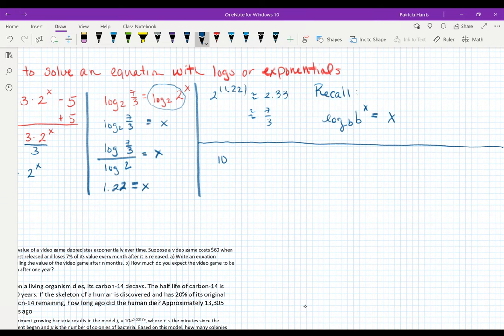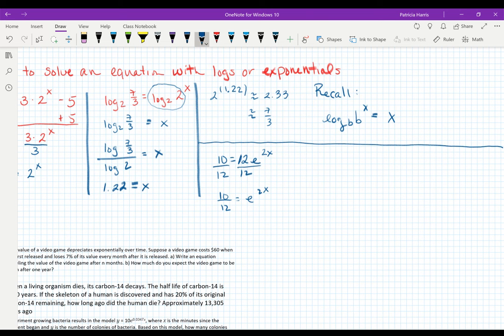So let's do 10 = 2e raised to the 2 times x. Well, actually, let's change that to 12. So again, we have an e, which is no big deal. Again, we want to solve and get to x. So we're going to divide by 12. So we get 10/12 equals e raised to the 2x.